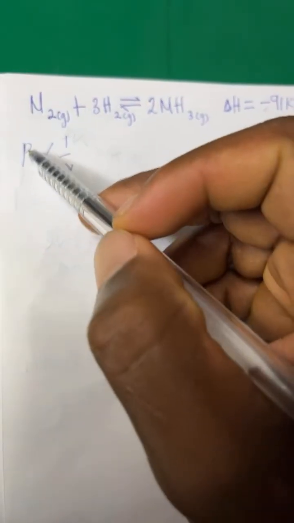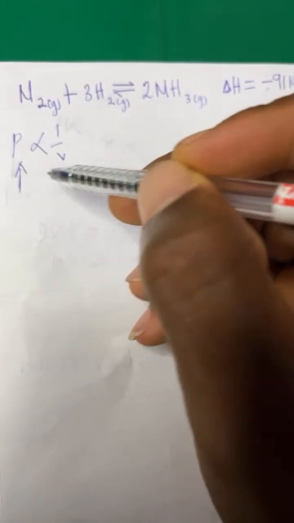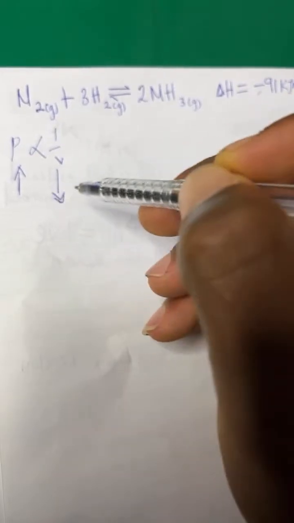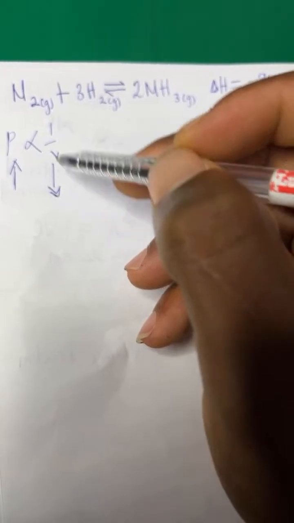Okay, so let me continue. If the pressure increases, the volume must decrease to neutralize the change. Remember that what Le Chatelier's principle always does is neutralize the change when there is a change in the system.